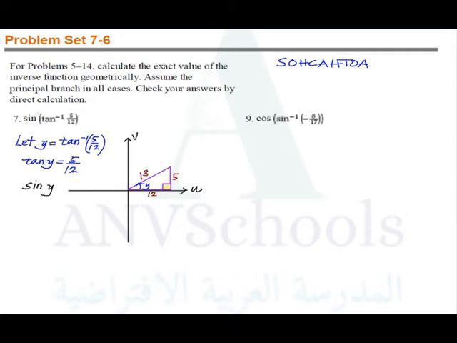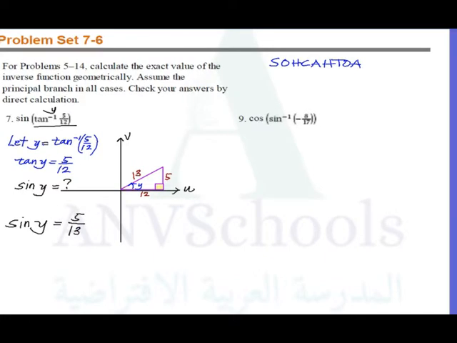Following that premise, our sine y here would be 5 over 13. So sine y is equal to 5 over 13. So the answer is 5 over 13.